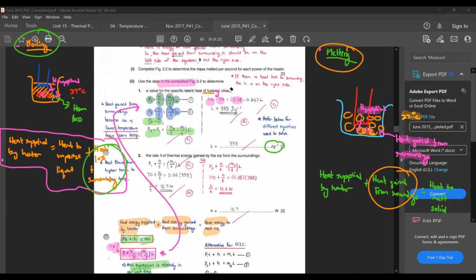Now, what if you don't want to convert your equation into per unit time and do it like what I've just written here? Instead, you want to use the original equation that you have over here.